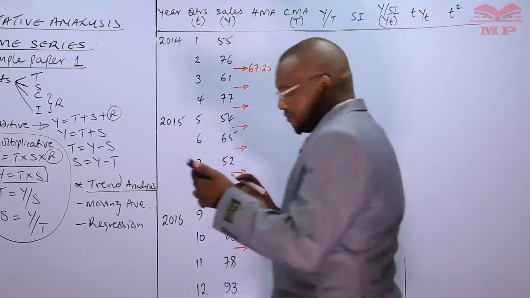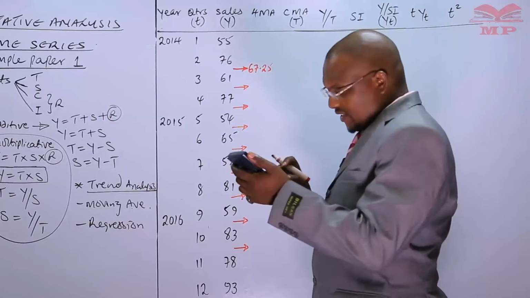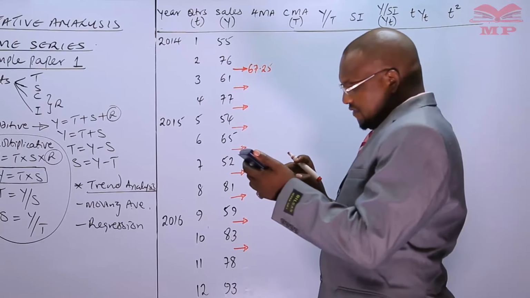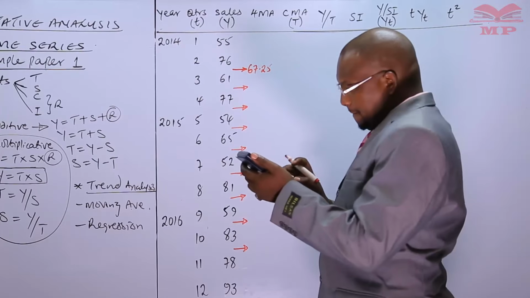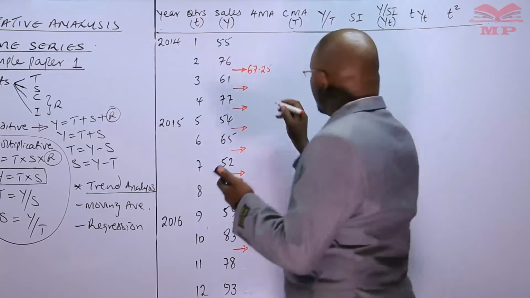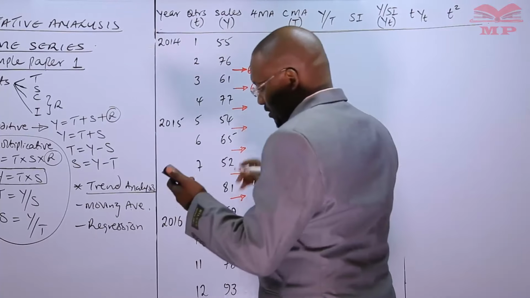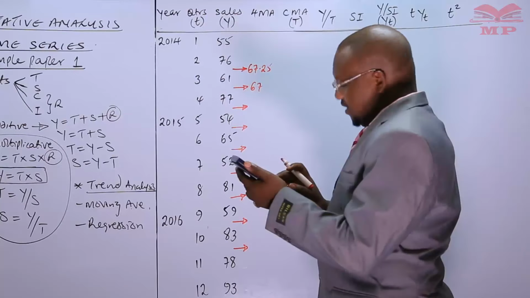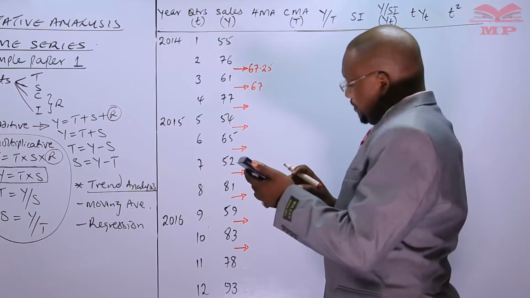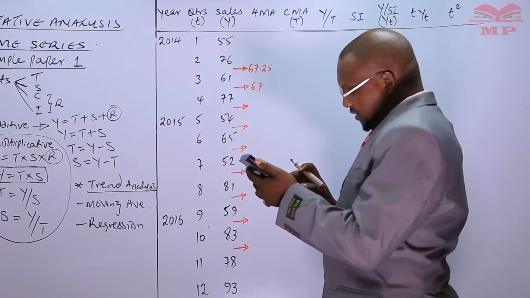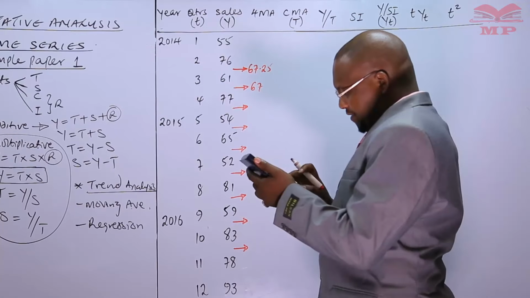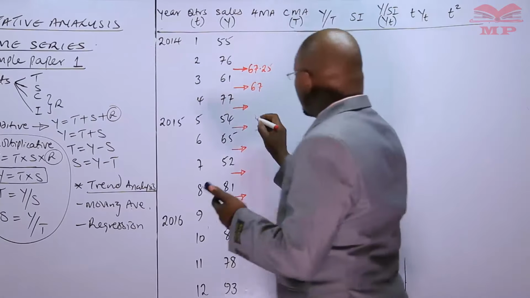The next one is 76 plus 61 plus 77 plus 54, divided by 4, giving 67. The next one is 61 plus 77 plus 54 plus 65, and then you divide by 4.